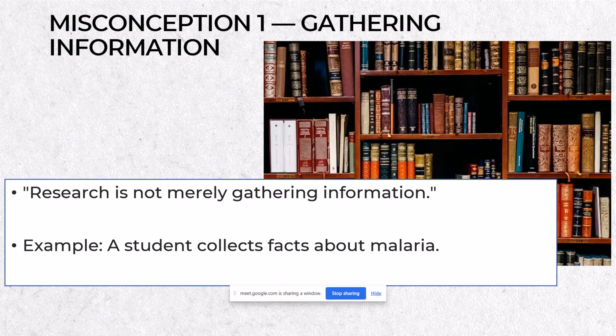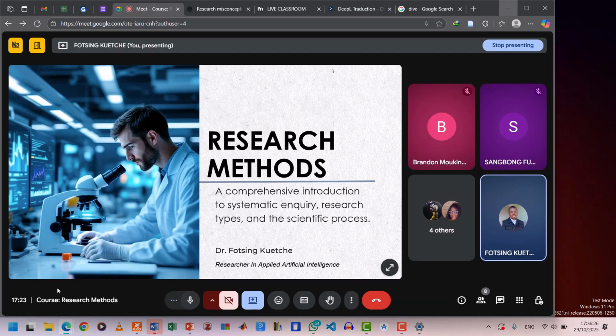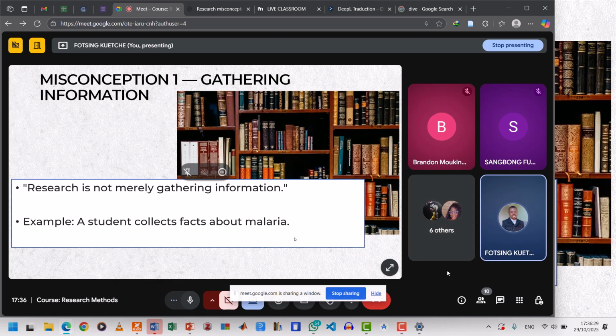Let's take this example. Let's say that a student collects facts about malaria. What are some facts about malaria that you know? You can help us. Let's have some exchange. What are some facts about malaria?